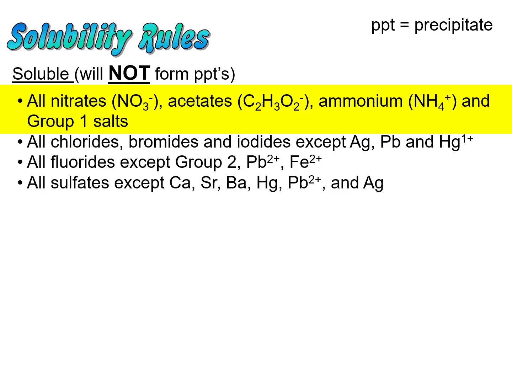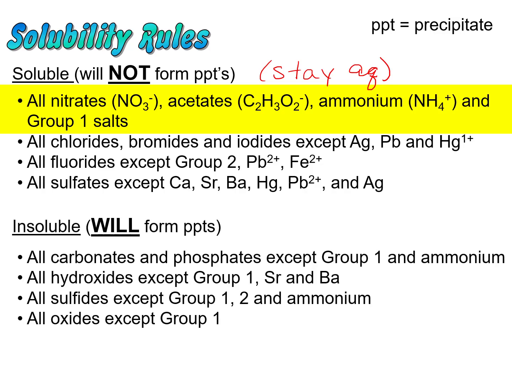So if it has anything here in this yellow box, that means it's soluble. It does not form a precipitate. So these are the ones that are going to stay aqueous. And then we look at the other case, and these are the ones that do form precipitates. And PPT is a handy-dandy abbreviation for precipitate.